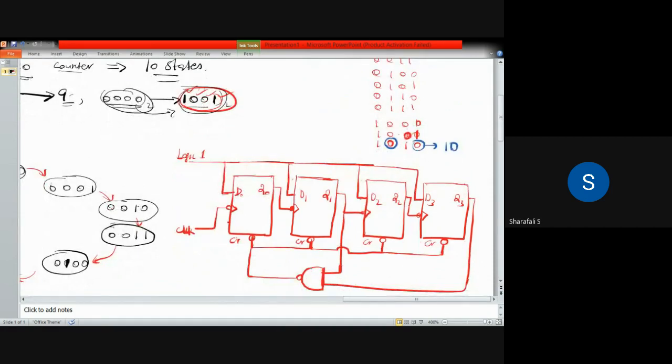So if we are applying this NAND gate from Q3, this will come. So this is 0, this is 0, this is okay.